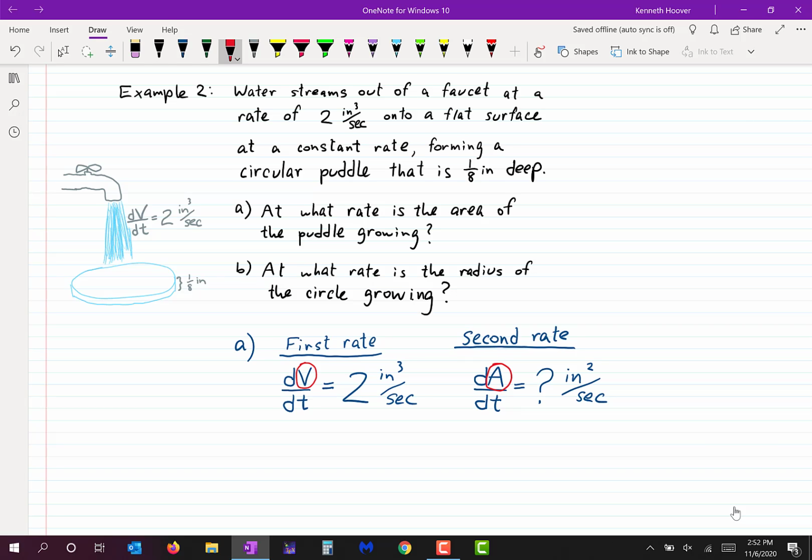Okay? How am I going to find that relationship? Well, let me write this down by the way: relationship between V and A. So where should I start?